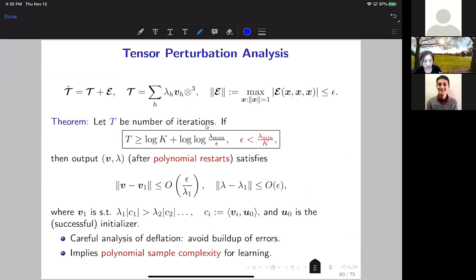In terms of the number of examples you need to make sure that your empirical estimation of a tensor is close enough to the ground truth tensor, you only need polynomial sample complexity for a power method to work.